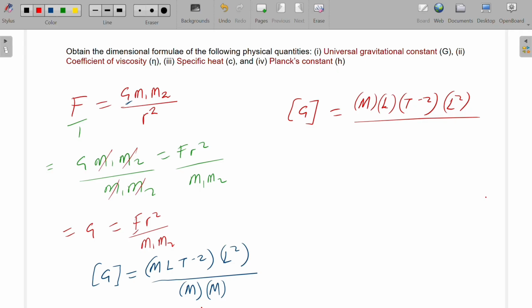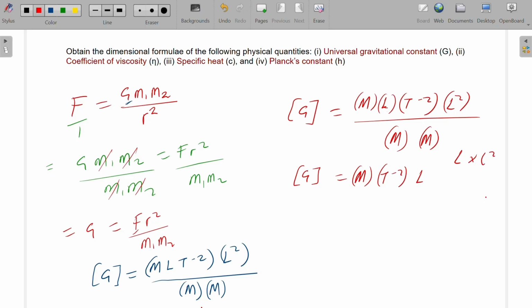Then we have M and M down there. Now, what is happening on top is we're going to bring like terms together. This will be equal to the L multiplied by that L squared on the other side. What we're going to have is M multiplied by T to the minus 2 multiplied by L, that is multiplying by L squared.